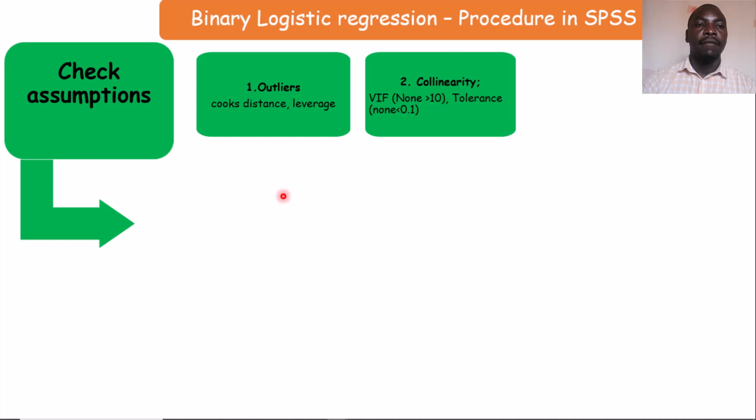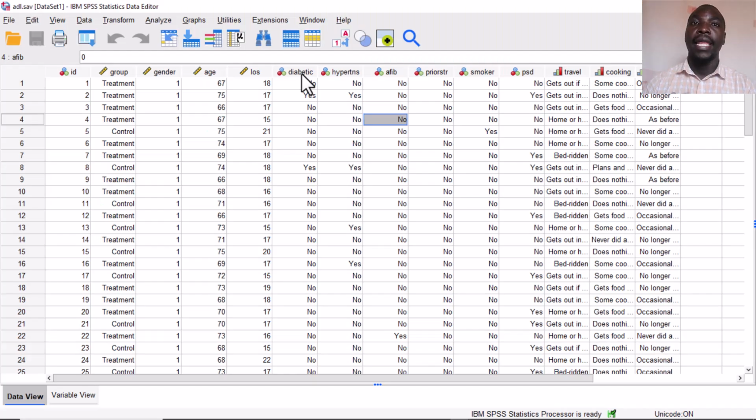So when testing for these assumptions, we'll start with collinearity, testing for collinearity using variance inflation factors and tolerance. Collinearity, that is having strong correlations among the independent variables. The strong correlation may influence our analysis, so we have to check this from the start.